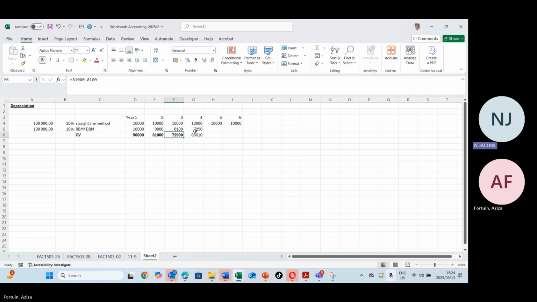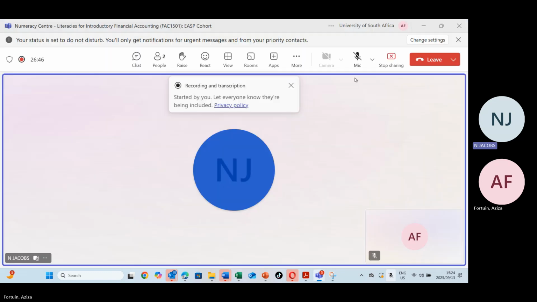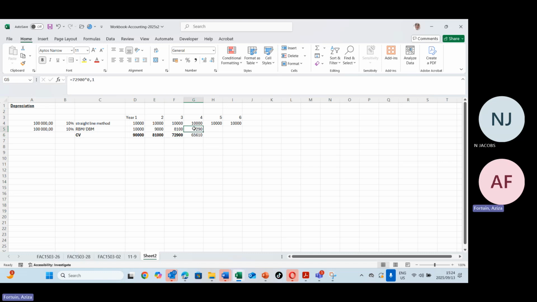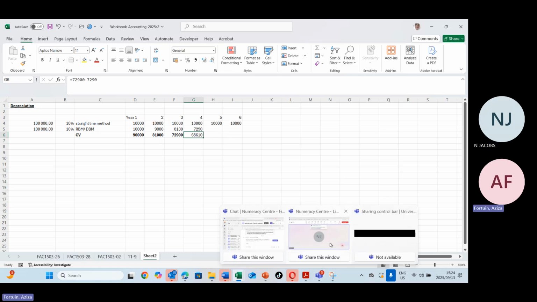Then I took the 8,100 minus the 810. Then I got the 7,290. Am I correct? Did you get 7,290? Yes, and then I took the 7,290 multiplied by the 10%. Then I got 729. And I minus the 729 from the 7,290 and I got 6,561. Okay, now do 5 and 6 for me as well.